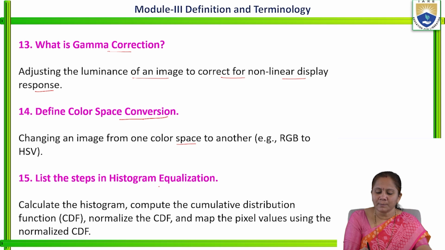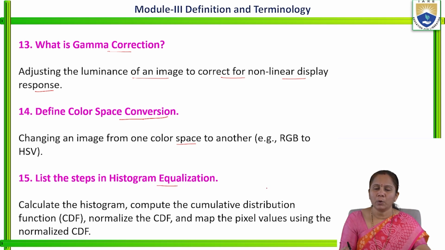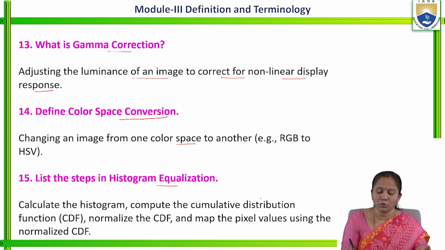So list the steps in histogram equalization. What is the procedure to perform this histogram equalization? Initially we will calculate the histogram. Next we will calculate the CDF, which is the cumulative distribution function.